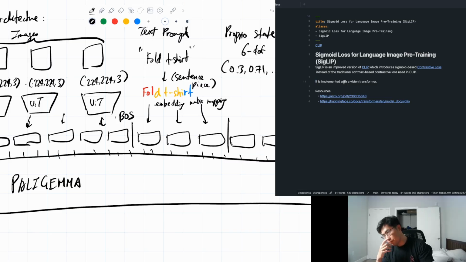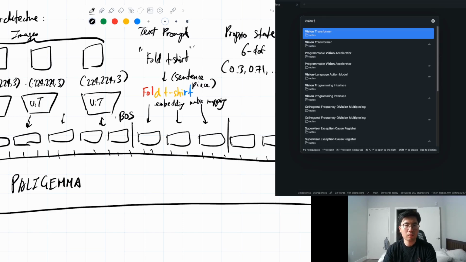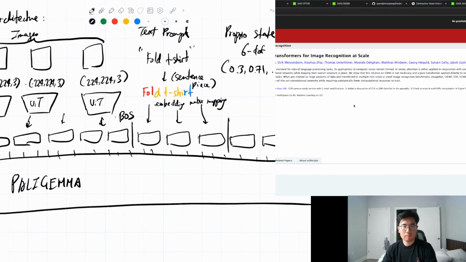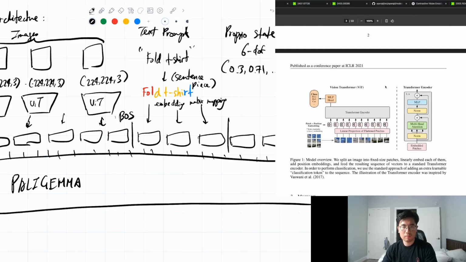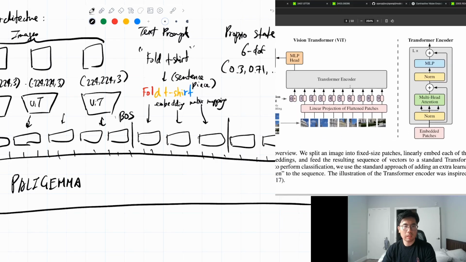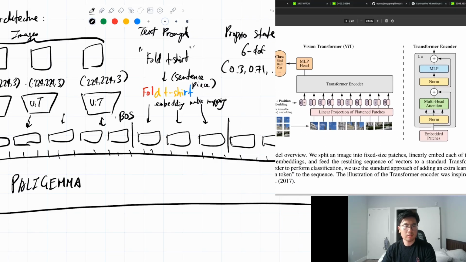And so your vision transformer's input will be, maybe it's worthwhile to spend some time on this. It's something like this.